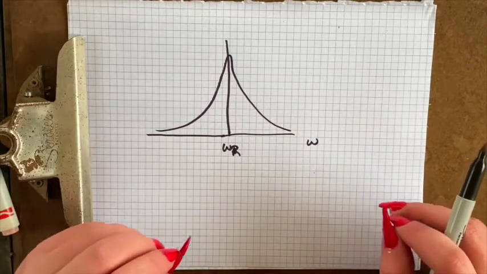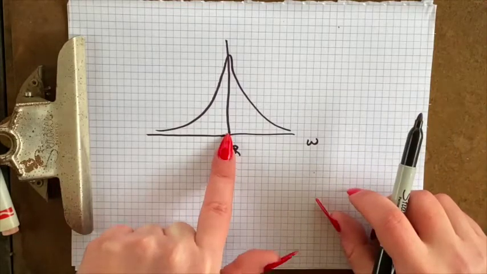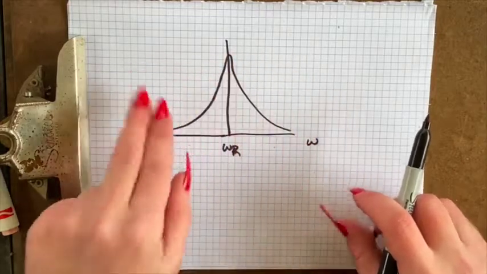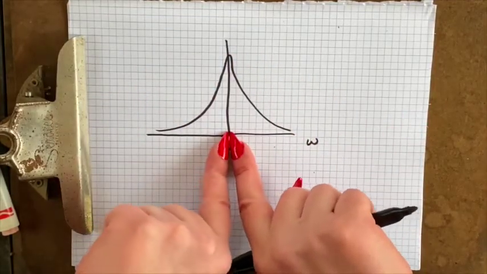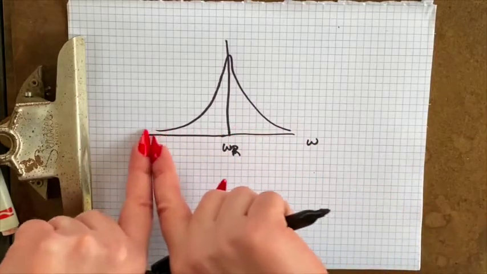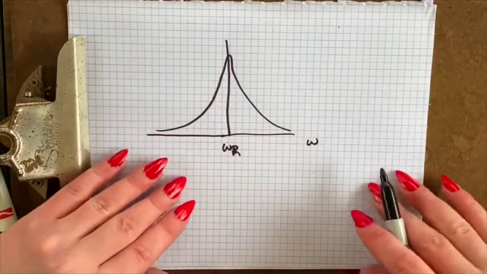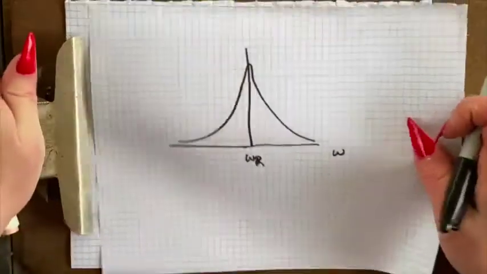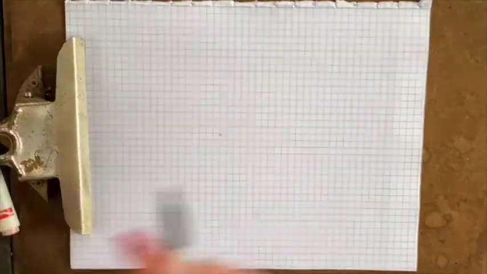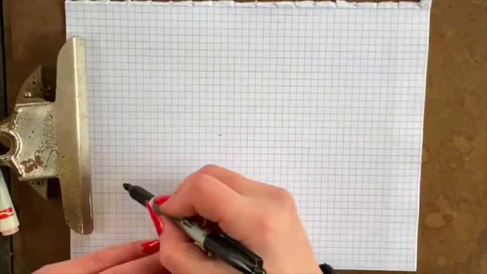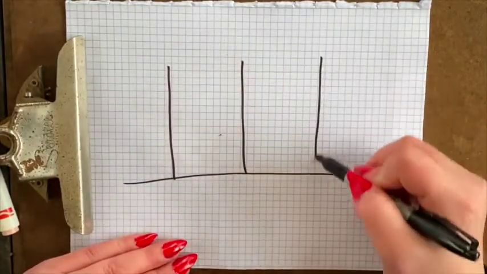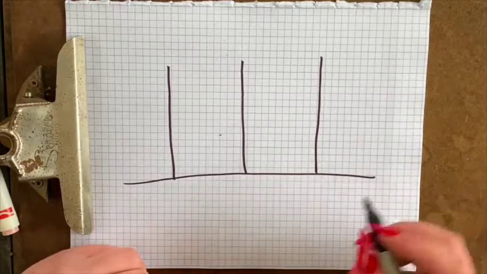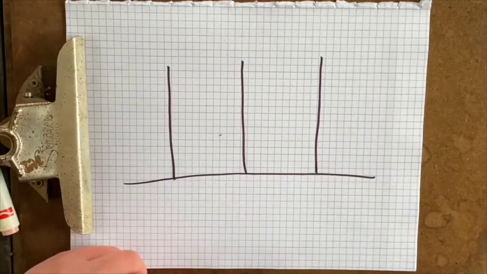If I had something that would change the resonant frequency, then that would change where this peak happens, right? So I can tweak the peak by changing either L or C in some way to shift this peak left and right. And say I had multiple sources, source 1, source 2, and source 3, all at different frequencies.